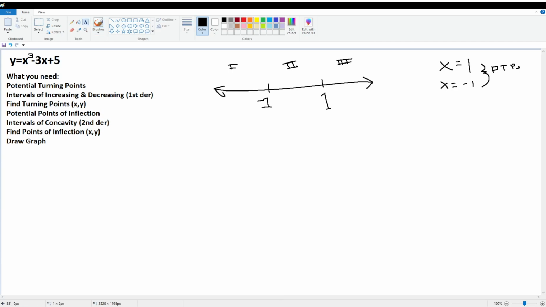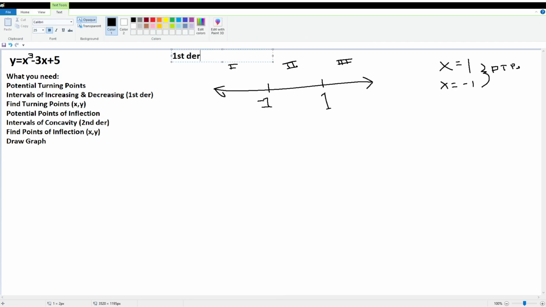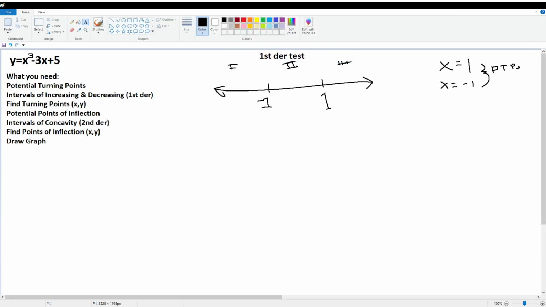We're going to test each zone to see if we get a positive or negative answer when we plug in x values. So to test the first zone, we're going to need to plug in an x value less than negative 1. So let's do negative 2. And we plug these into the first derivative. So let me actually rewrite that now.